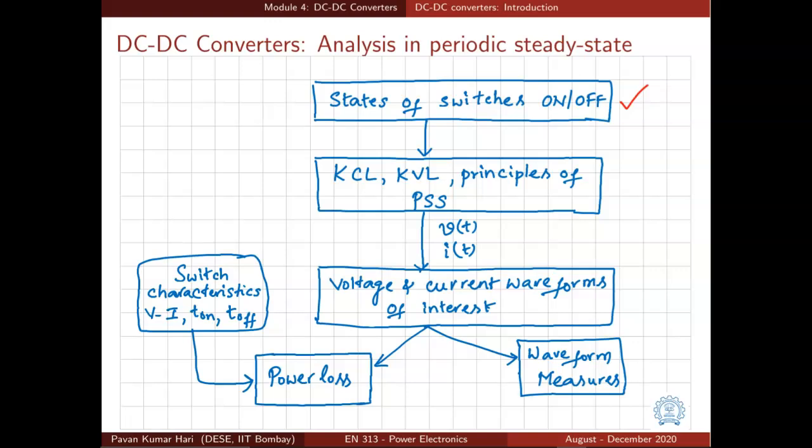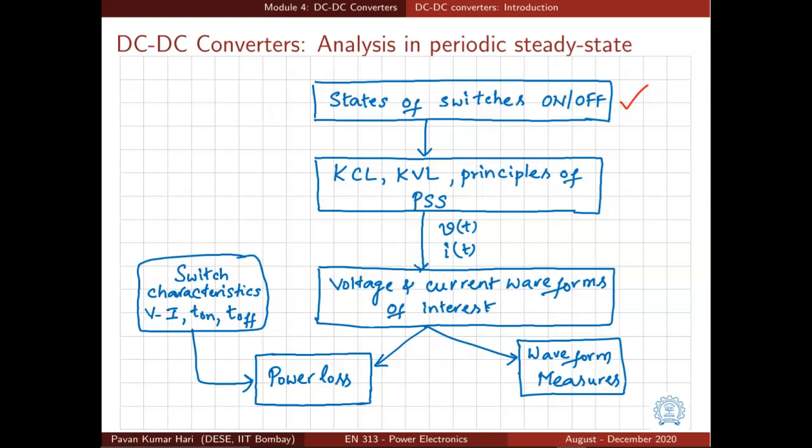Now that we know whether it is on or off, we just write the circuit in those state combinations. State S1 is on, S2 is off, or S2 is on, S1 is off. So we write the appropriate circuit in that state, write KCL and KVL, and apply principles of periodic steady state, because we are concerned about average values in these DC-DC converters.